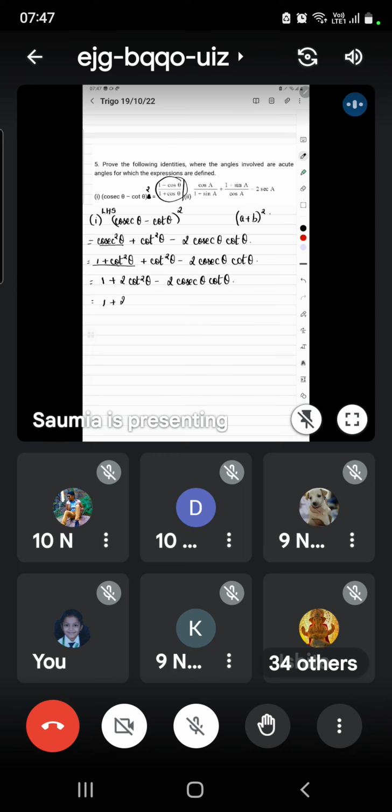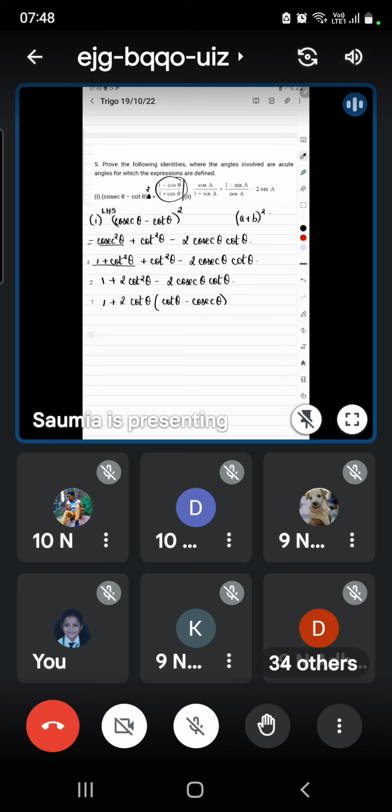Now, tell me. There are different ways to do this question. You all chose this. Tell me further. Can I take 2 cot theta common? Yes or no? Yes, ma'am.